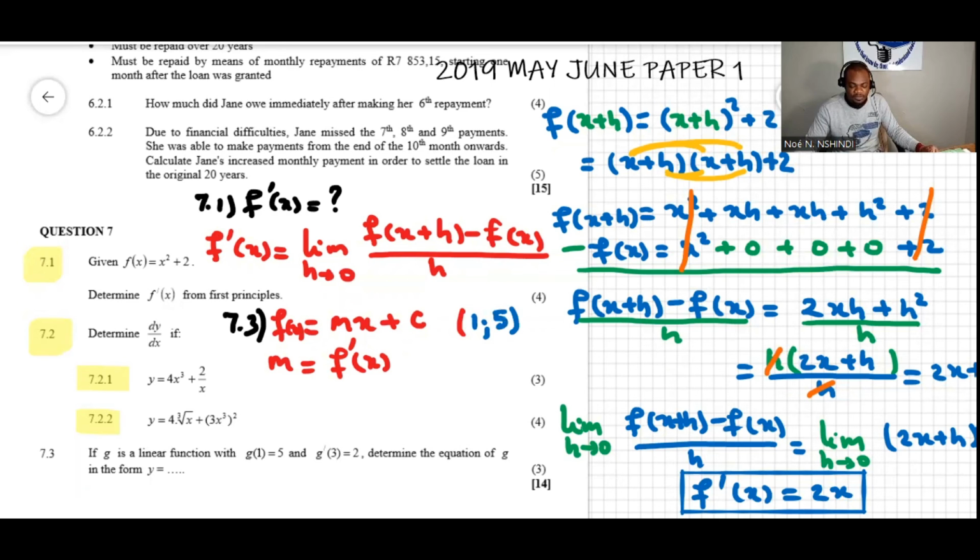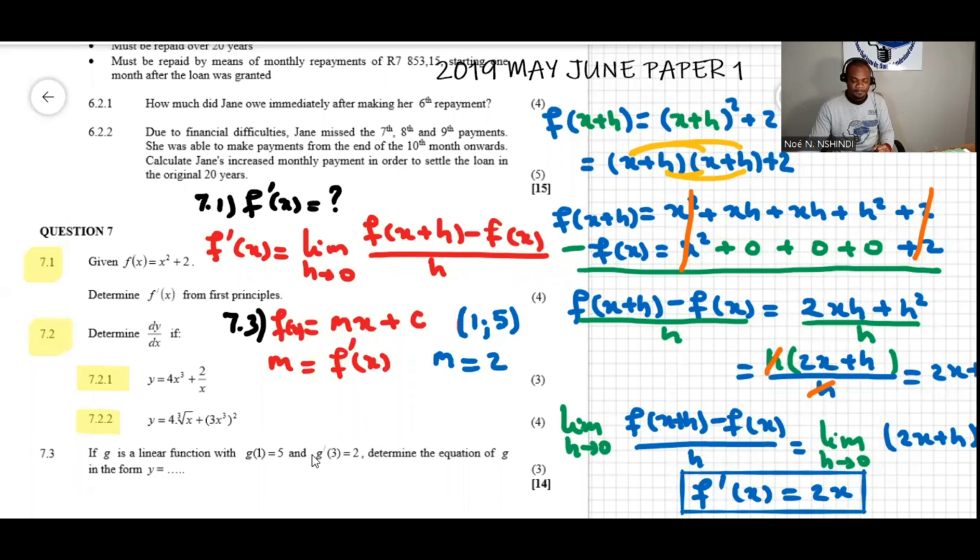And then the gradient here, m, is just equal to 2, because the gradient for a straight line is constant regardless of the point. It's always constant. So m here will be just equal to 2.